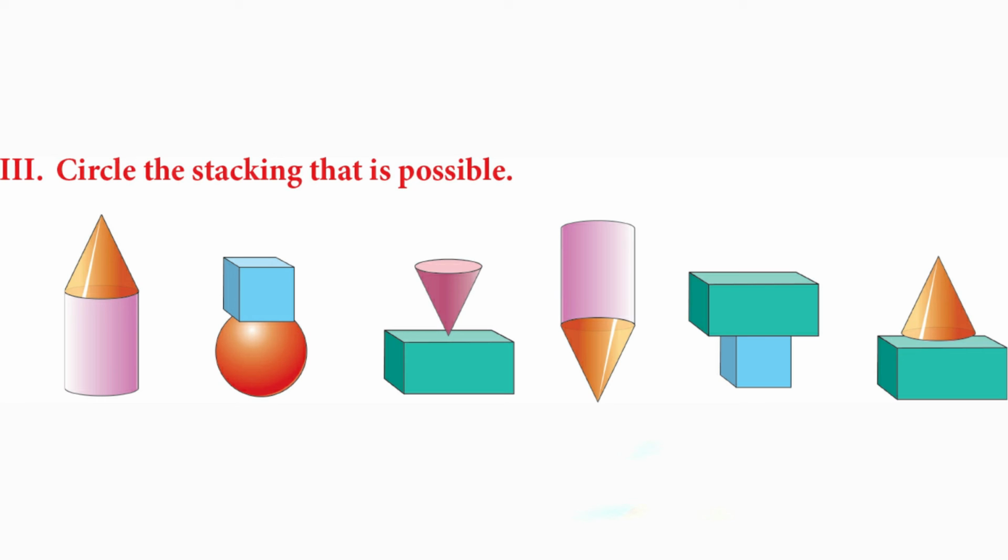Only flat surfaces can be stacked, as we learned. The next one, no, we cannot, because the cone has a single vertex, that is a pointed end, and that cannot be stacked. Only flat surfaces can be stacked, remember?